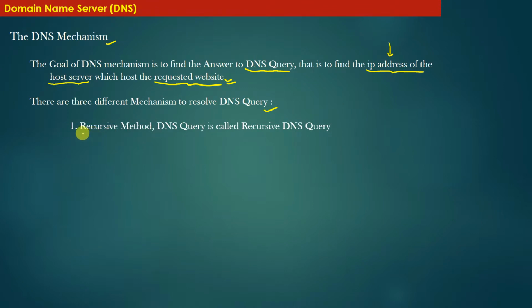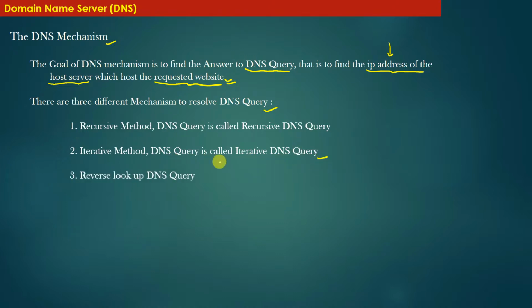The first one is the recursive method, that is, the recursive DNS query. The second method is the iterative method, the iterative DNS query. And the third method is the reverse lookup DNS query. We will discuss each of these methods of resolving a DNS query one by one.